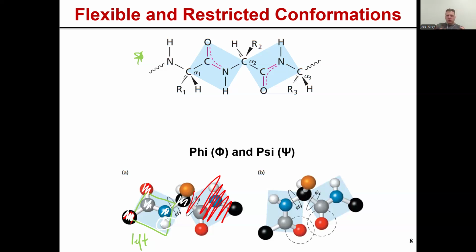And so what I want you to think about is my phi angle, which is kind of the end of my left hand, and my psi angle, which is at the closest point on my right hand. These two bond angles will rotate and they'll get to a kind of complementary pairing, or a nice bond angle pair.